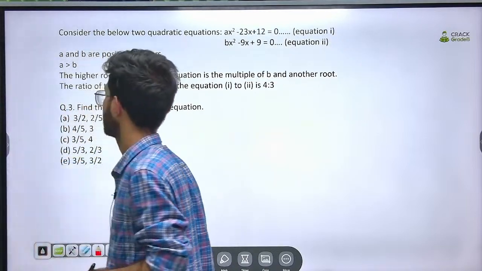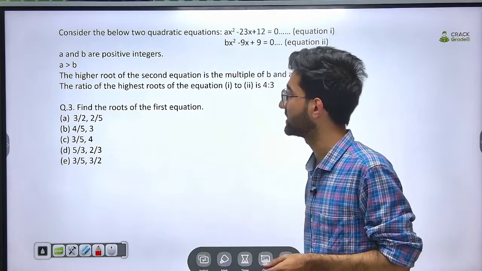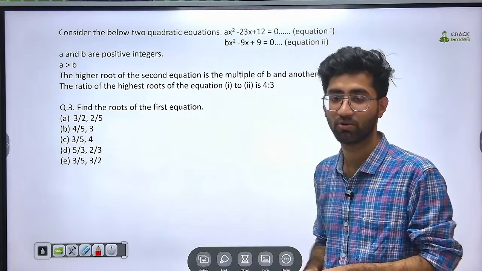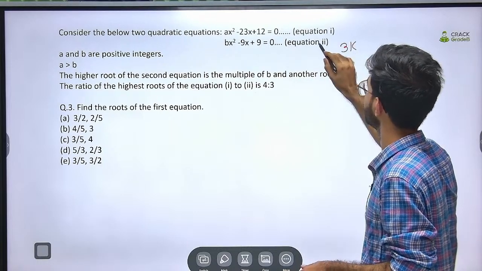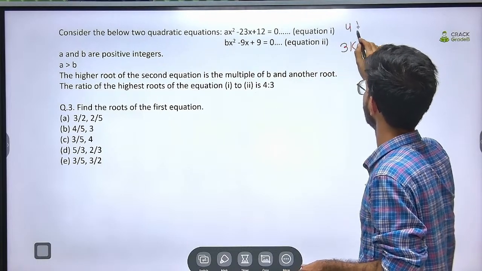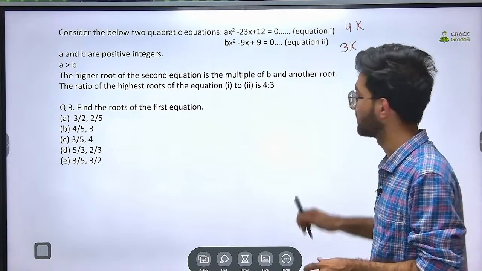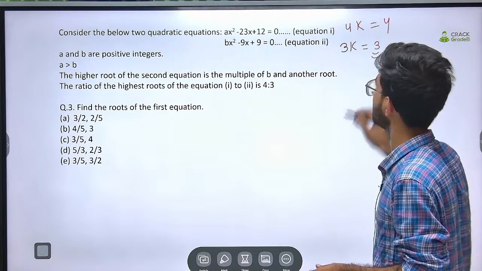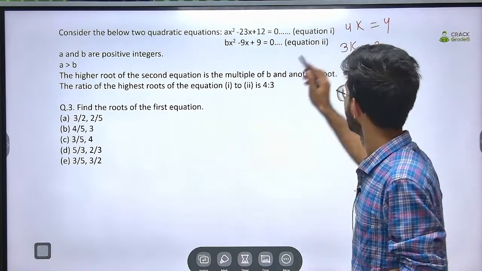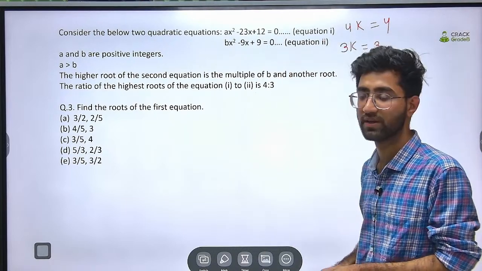Now if you look at question number 3, it says find the roots of the first equation. If you can recall, this was 3k. 3k is one of the roots of equation 2 and 4k is one of the roots of equation 1. And we also know that 3k is equal to 3, so 4k is equal to 4. What does it mean? It means that 4 is one of the roots of equation 1.